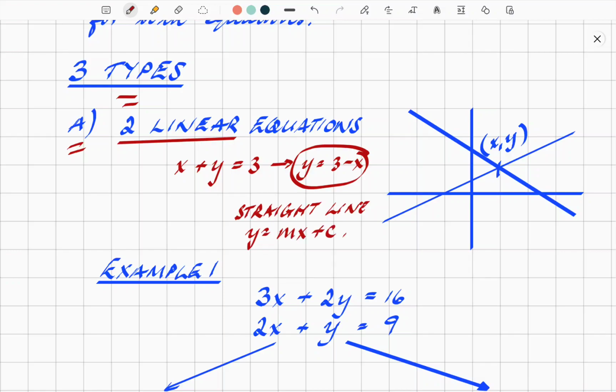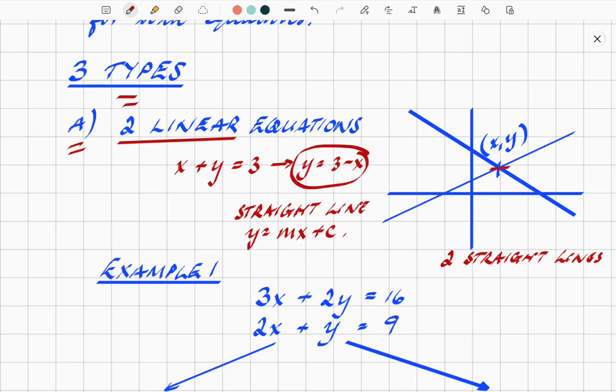That means any linear equation you can convert into the equation of a straight line. So two linear equations are effectively two straight lines, and any point where they intersect will give you values of x and y that are true for both equations.